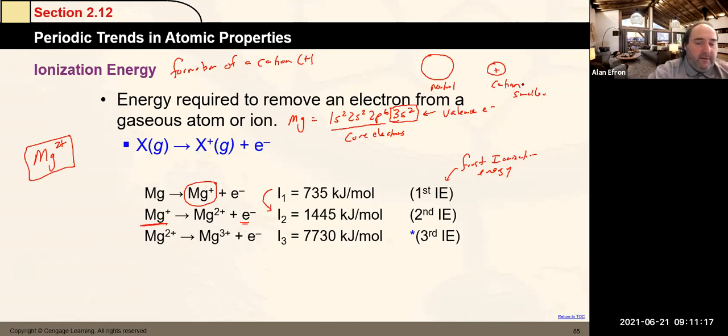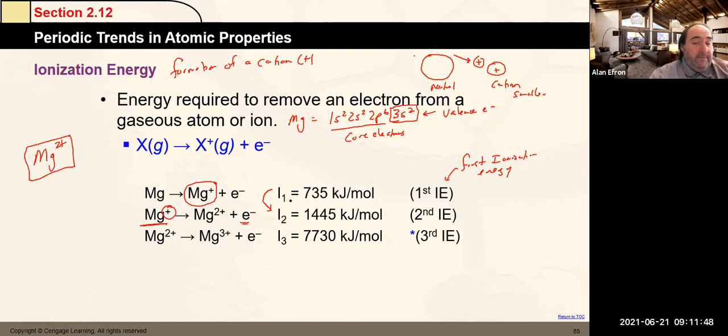Because it becomes smaller, the outermost electron, like the second valence electron, finds itself moving closer to the nucleus and closer to that positive charge, which means that the second electron you're trying to take off is going to be held tighter because it has now moved closer to the nucleus. And you can see here, it now requires almost twice the amount of energy to take off that second electron after the first one has been popped off.